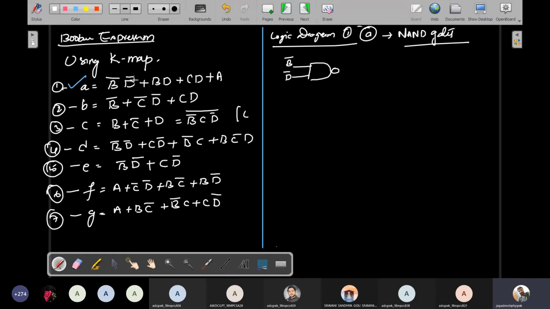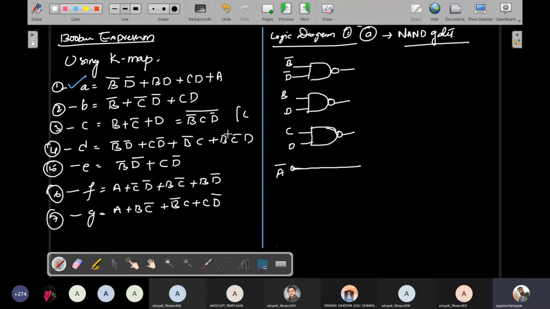The second NAND gate takes B and D inputs, and the third output is CD. Okay, understand? So these are what we consider, and one A is there, so that's why I want to take it. So this is directly A bar.